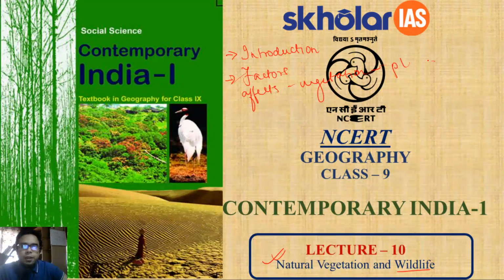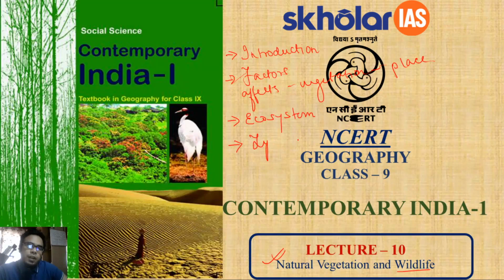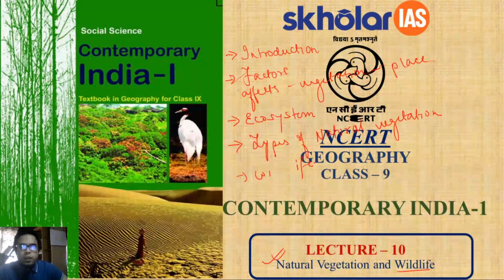Then briefly we will also understand the concept of ecosystem, or what is an ecosystem, right? And lastly we will talk about the different types of natural vegetation that we see, and then we will conclude by understanding about wildlife as well, right? So these are the brief agendas that we are going to deal with in today's class.